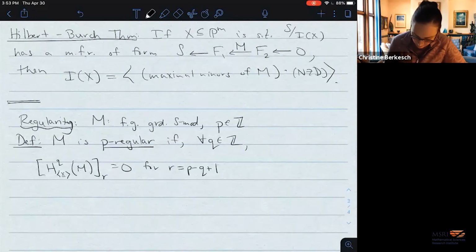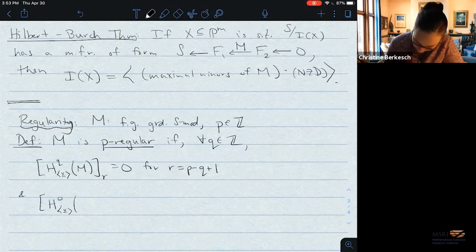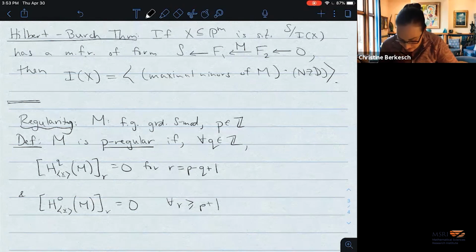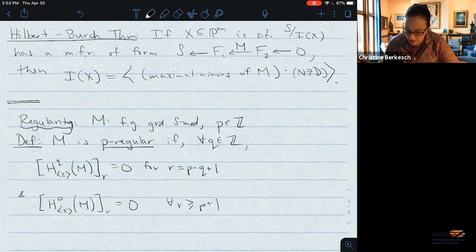So the Q in graded piece R. And then for all R's past P plus 1 and beyond, we need our 0th local homology module supported at the graded maximum ideal to vanish.